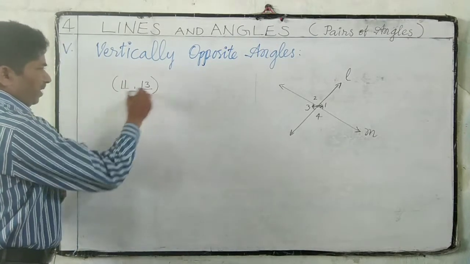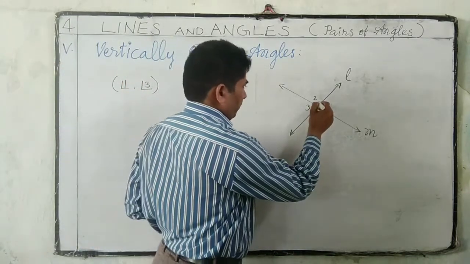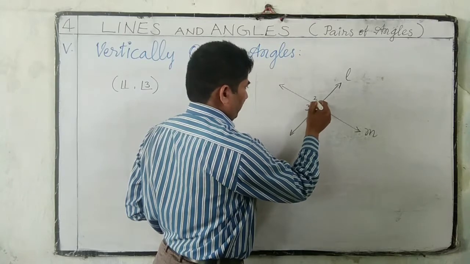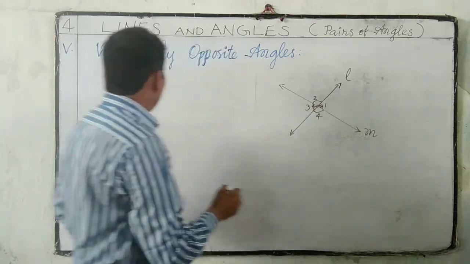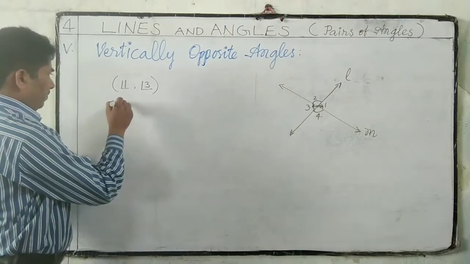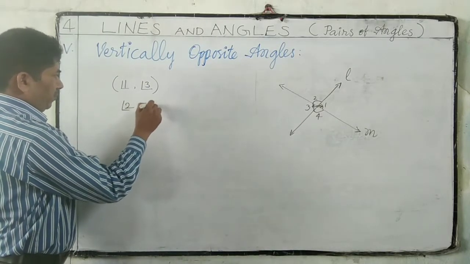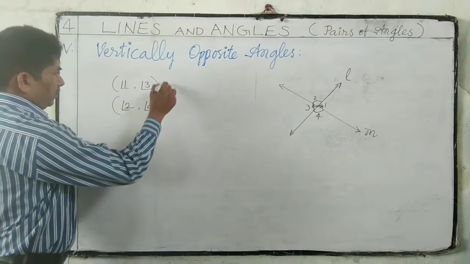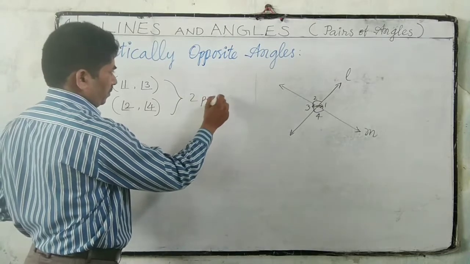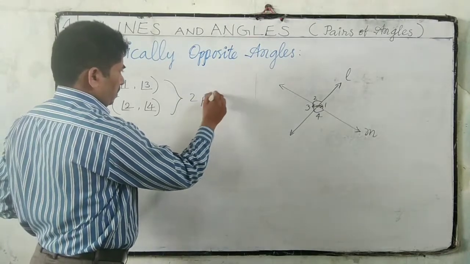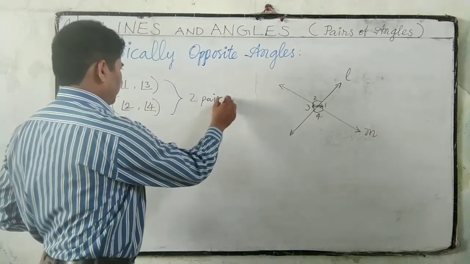This is one pair of vertically opposite angles. Here is one more pair, angle 2 and angle 4. These two pairs are vertically opposite angles.